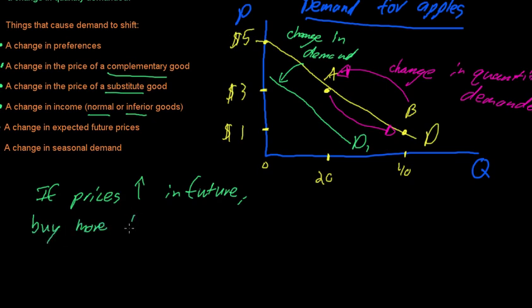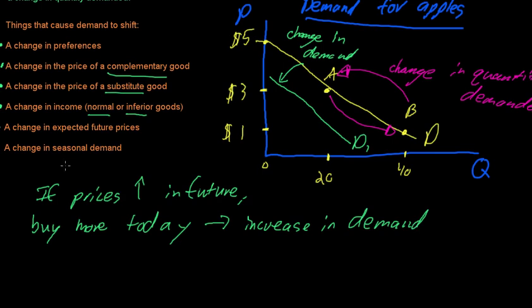A common example is ski season. In the summer, ski gear is always on sale, it's always super cheap, and so a lot of people will buy more ski stuff in the summer because they know that in the winter prices are going to go up. You're going to buy more today, which will then lead to an increase in demand.